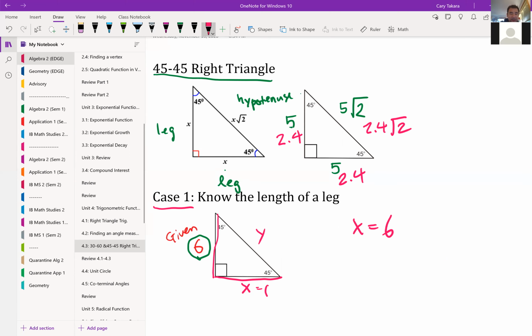Okay. Now, how about y though? If both of the legs are 6, what is y going to be?